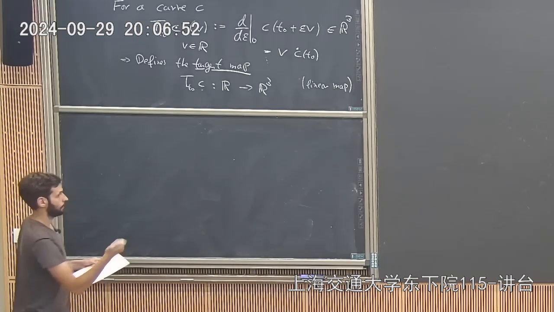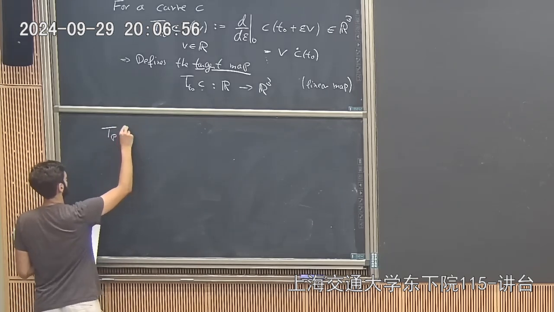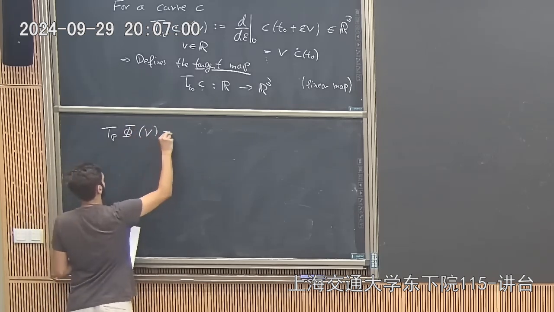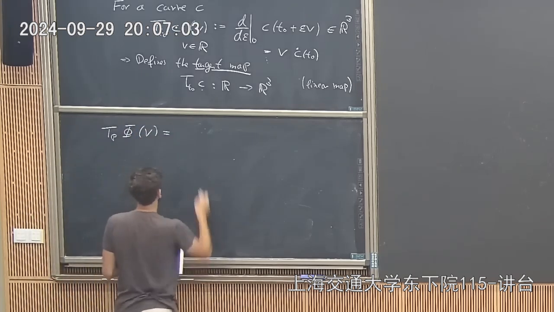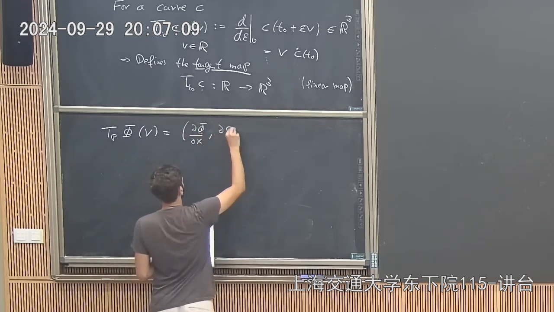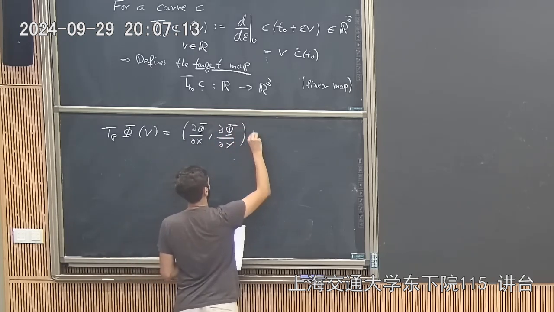And once you have that, the Jacobian is connected to the tangent map via this formula, that we just take the Jacobian matrix and let it act on the vector.